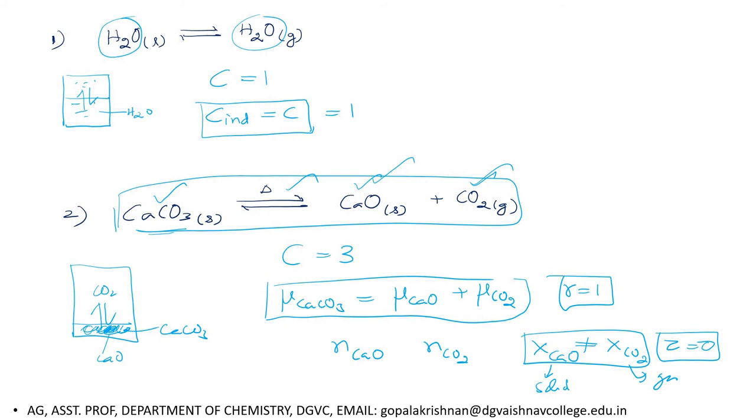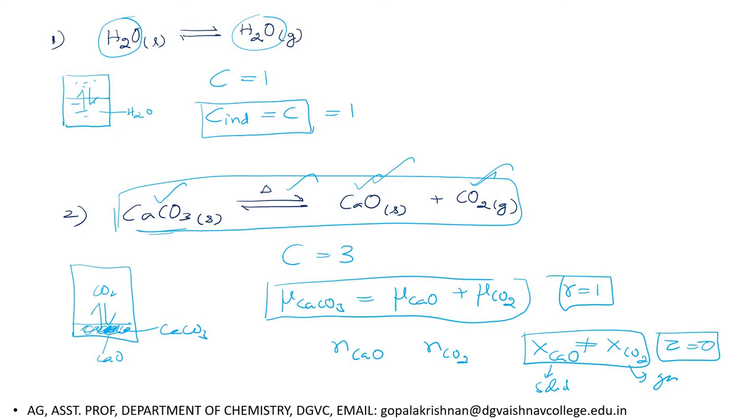Since the two products, calcium oxide and carbon dioxide, are coming from calcium carbonate, they may have some relation. But since calcium oxide is a solid and carbon dioxide is a gas, the mole fraction of calcium oxide and the mole fraction of carbon dioxide need not be the same. Okay, so if they are not equal, then the additional condition becomes 0, that is Z equals 0.